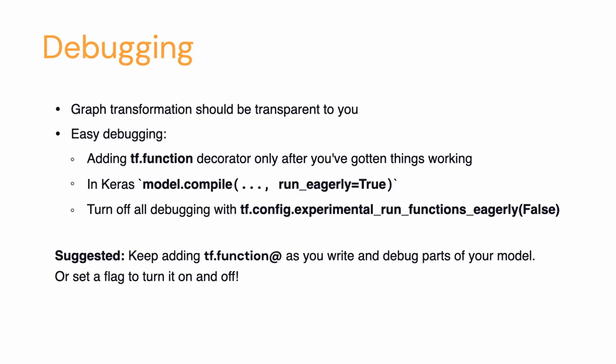And if you really want to turn off graphs, you can turn it off at a global level and say run all functions eagerly. So basically, debug your model in Python and then, as you finish debugging a part, wrap each part of it in tf.function and it'll get faster and faster. Or alternately, just set a flag to turn it on and off in your entire file.